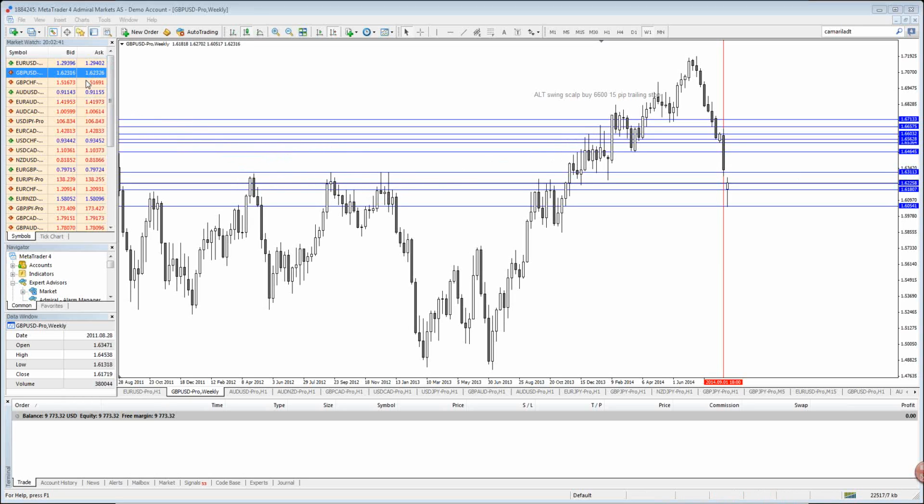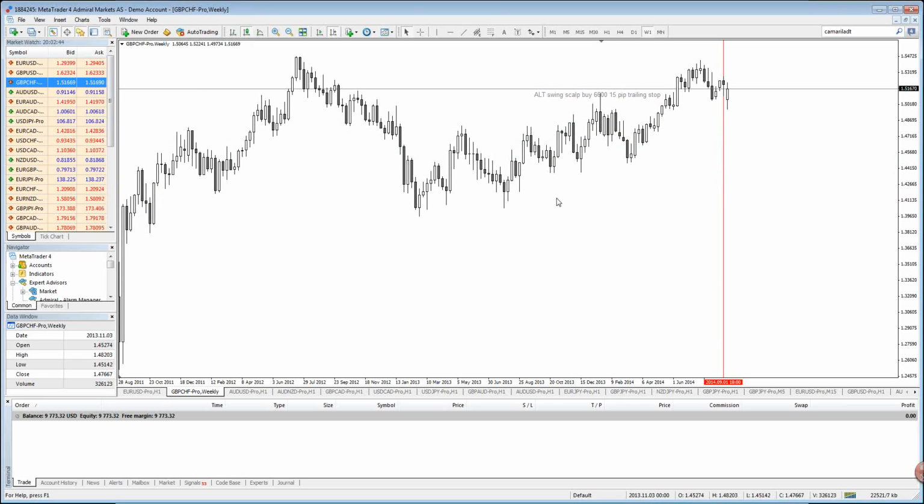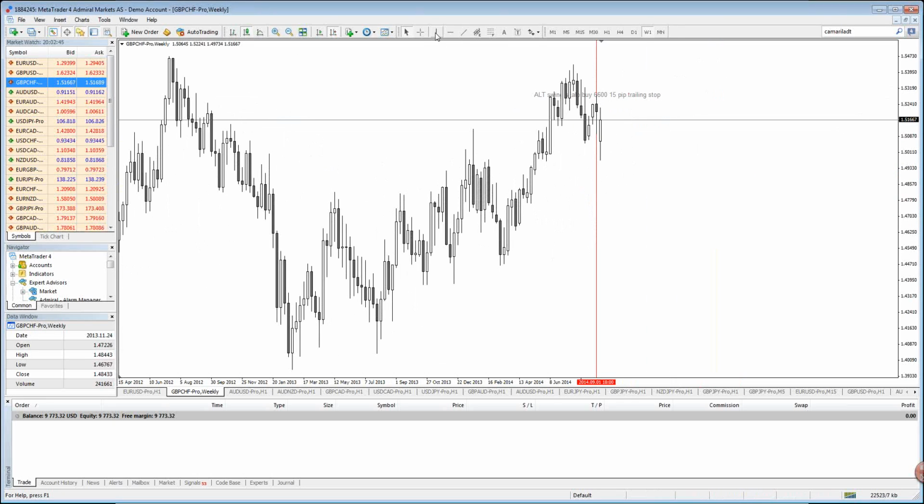Always pay attention to historical buyers and sellers. GBP Swissy, guys. Let's find some historical buying and selling. Let's call it this zone. Why am I waiting for this 51, 55? I still have my pending order there. Look at the history here, guys.